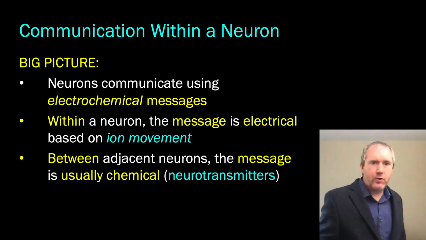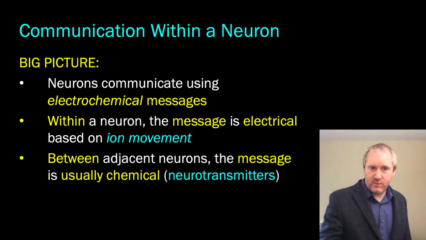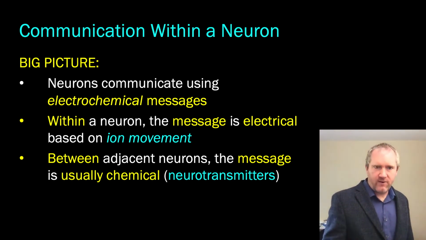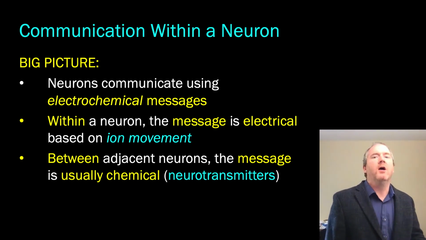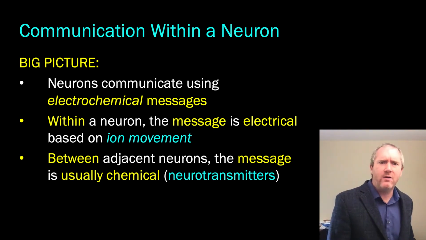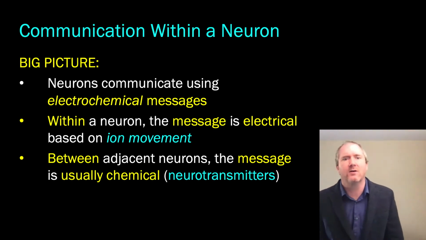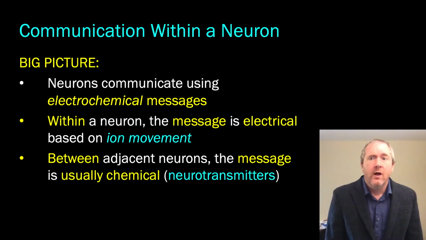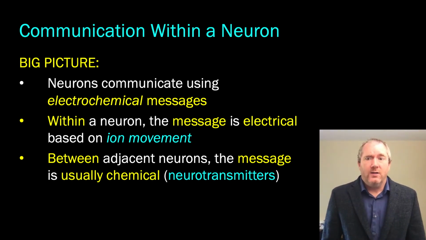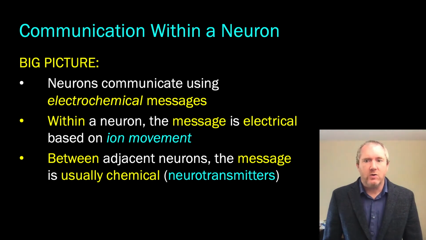So in the next 2 PowerPoint presentations after this one, we'll go into some of the fine detail here, but I think that it's best to start with the big picture of neural communication before we delve too far into the fine-tuned details of the action potential. But neurons, as you know, communicate using electrochemical messages.